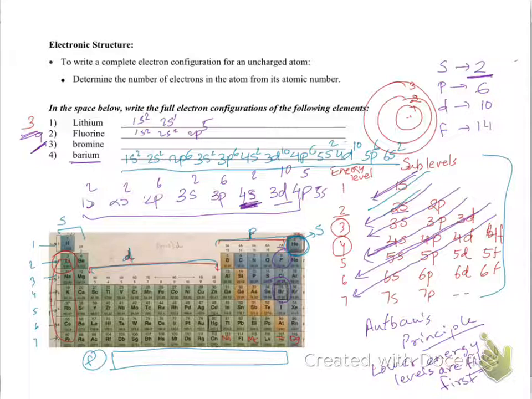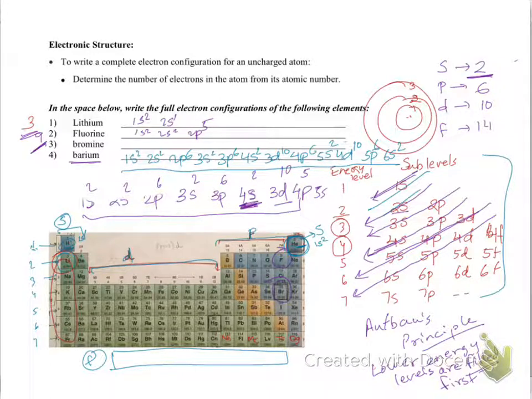So if you have to, let's say, write down the electronic configuration of hydrogen, you're going to say it's in the first row, 1, and it's S block, 1s, and it's the first one, 1s1. This is also S block, 1s, 1, 2, 1s2.